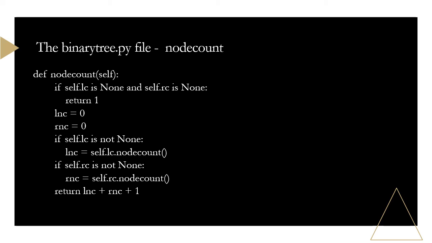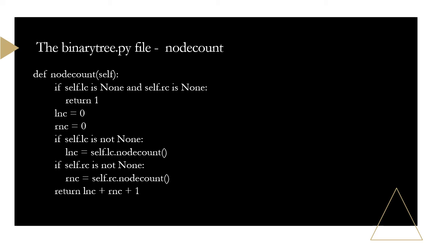Now I have another function for you called node count, and this function gives us the total number of nodes in a tree. So the base case here is the same. If you are standing at a leaf, you return 1 because this is one node here. Then you initialize left node count to 0 and right node count to 0.